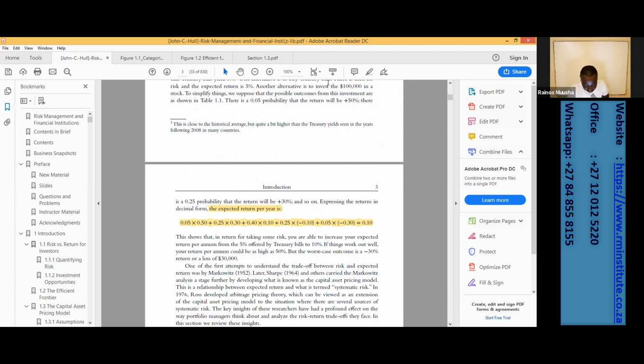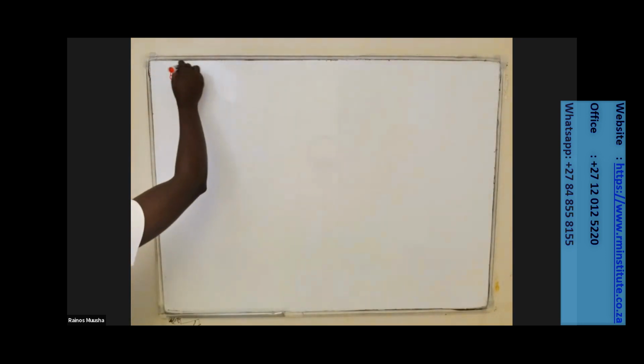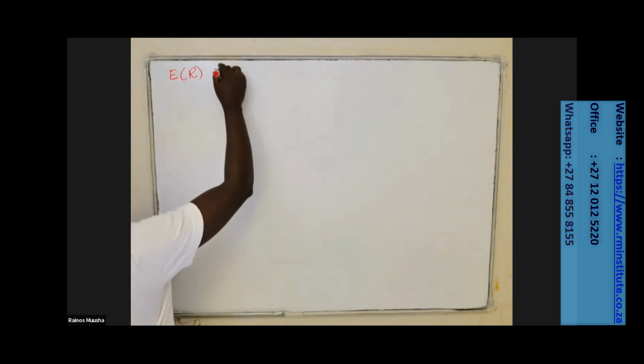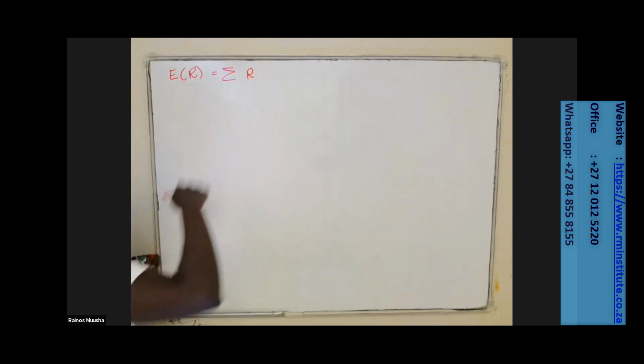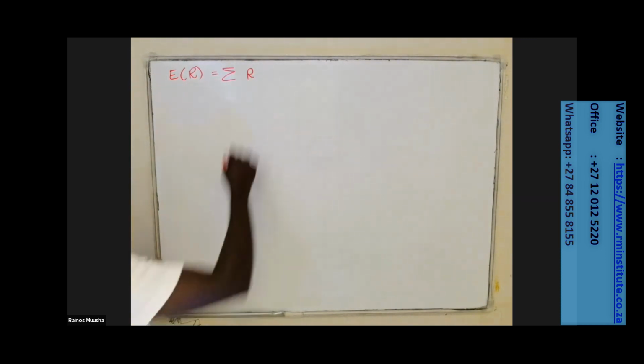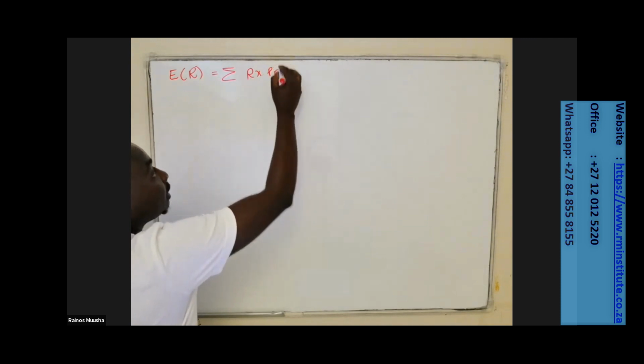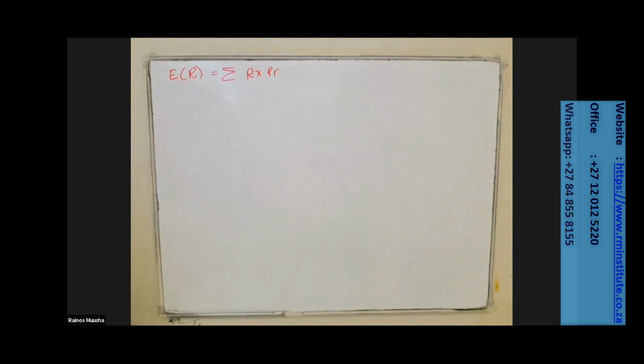What this is trying to explain is that the expected return of a single asset is given as the sum of the different possible returns multiplied by the probability of earning that particular return.